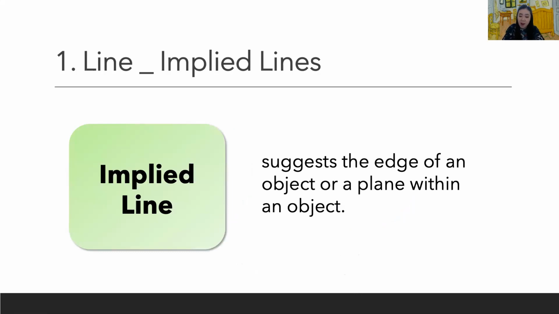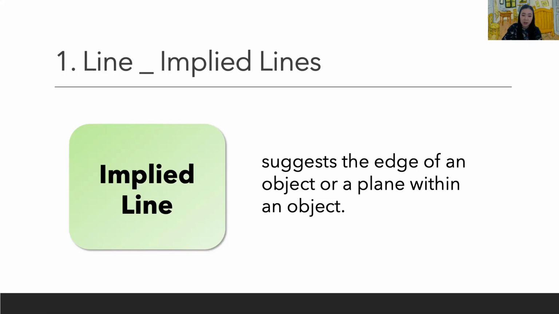It may be defined by value, color, or texture, or it may not be visible at all. With any implied line, our brain interprets that the line must exist. So that is a powerful tool that any artist can use.